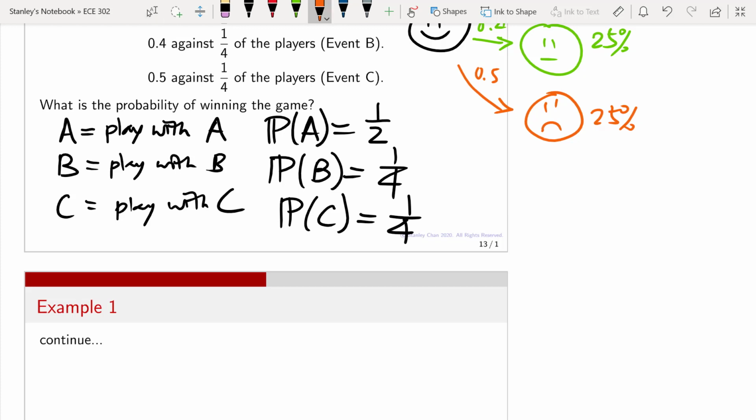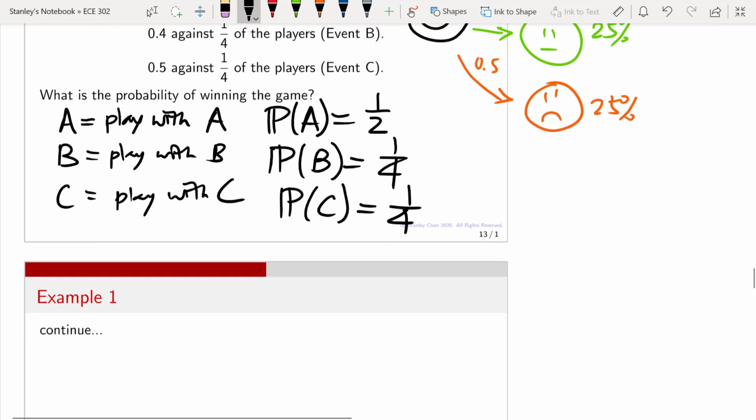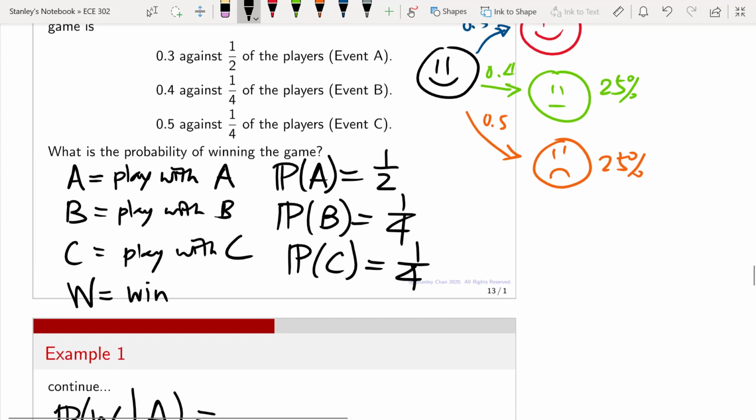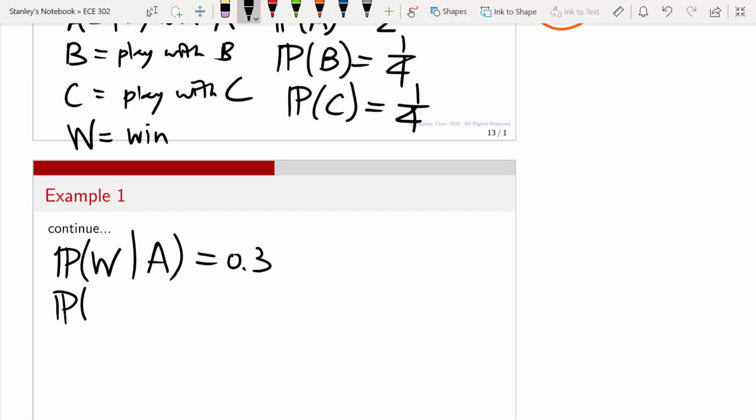Now, how do we quantify these three numbers, 0.3, 0.4, and 0.5? These are the conditional probabilities. So suppose we define W as win. We can calculate the probability of winning given that we're playing against player A. And according to the problem, this is 0.3. And then we can also calculate the probability of winning given B. This is 0.4.